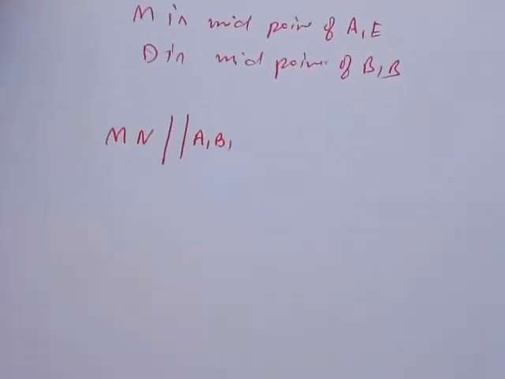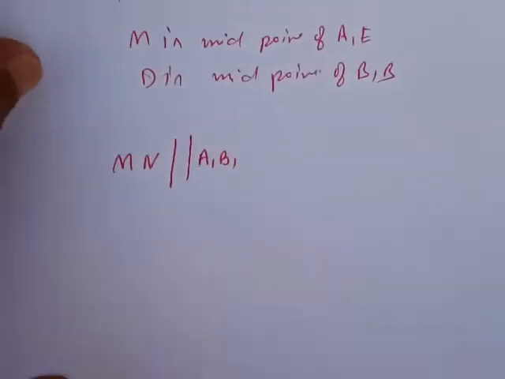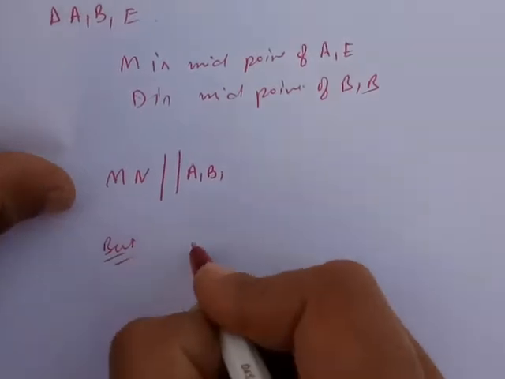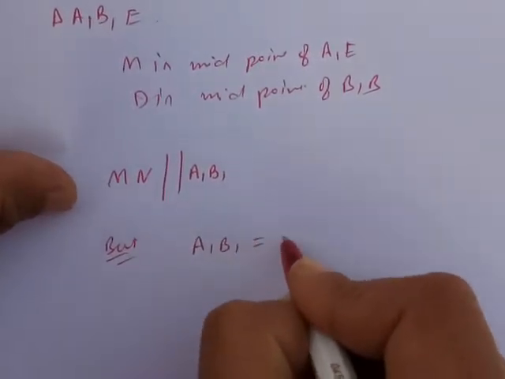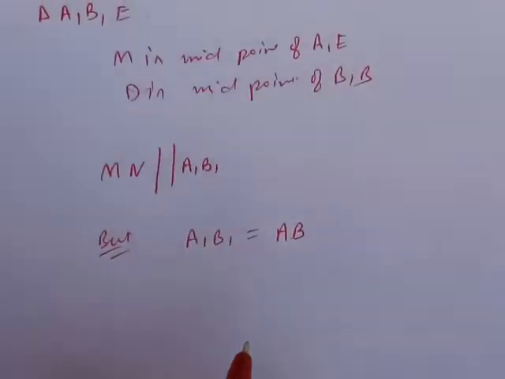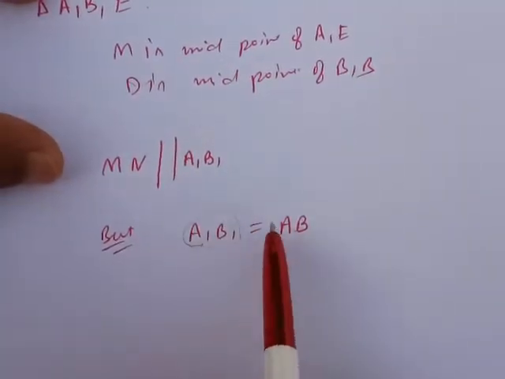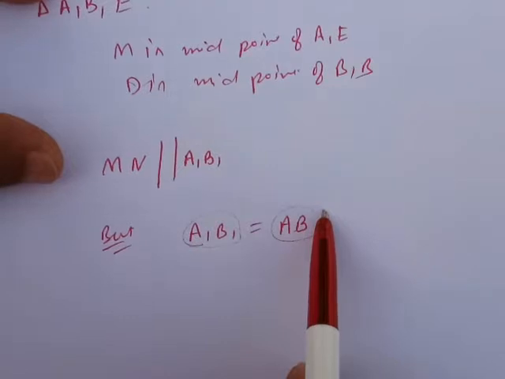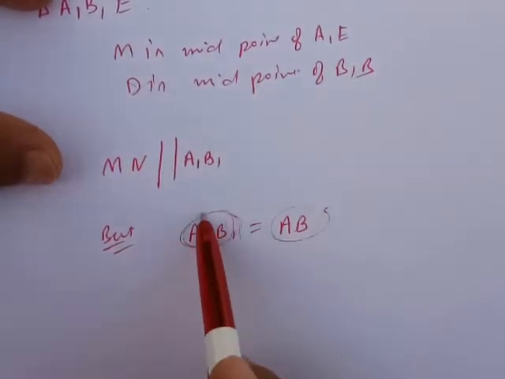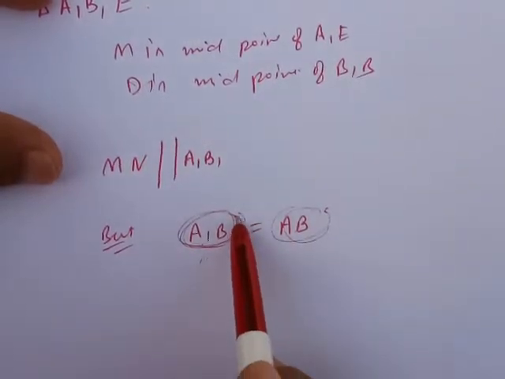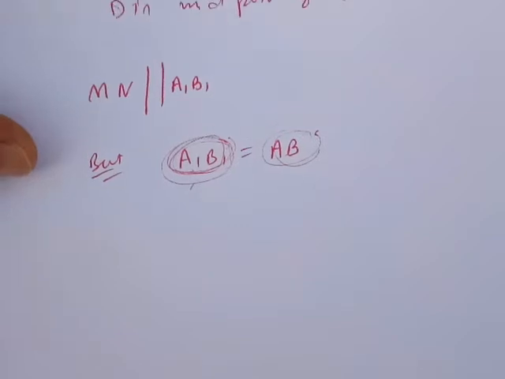MN is parallel to A1B1, but we know that A1B1 is equal to AB, because the size of the image is equal to the size of the object, as a characteristic of image formation by a plane mirror. It means the size of object AB is equal to the size of image A1B1.